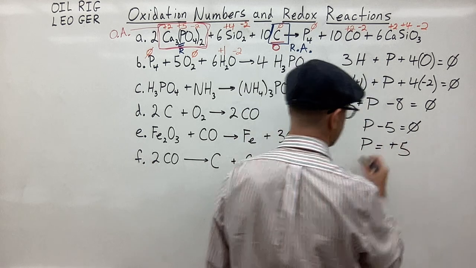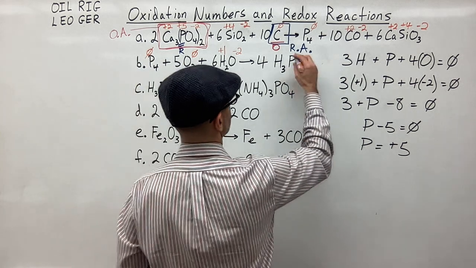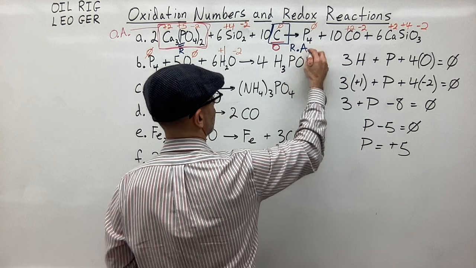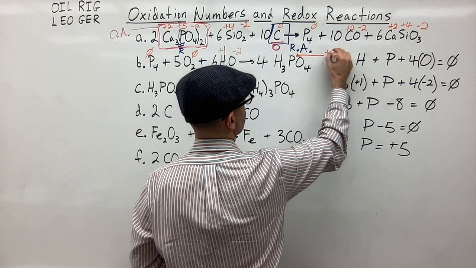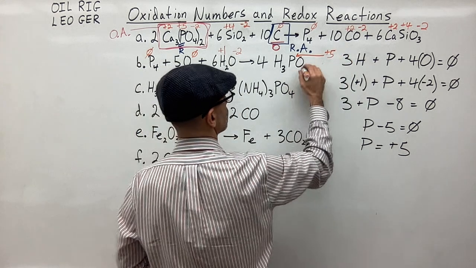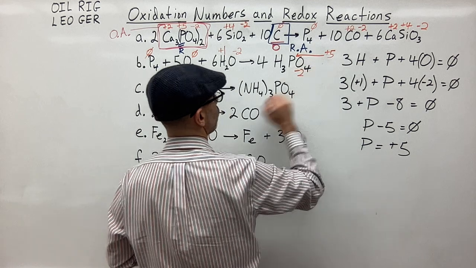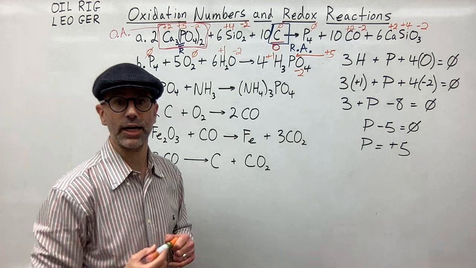So the oxidation state of phosphorus is +5 here. So we'll put +5. I'll draw an arrow. So +5 for phosphorus, -2 for oxygen, and +1 for the hydrogen.